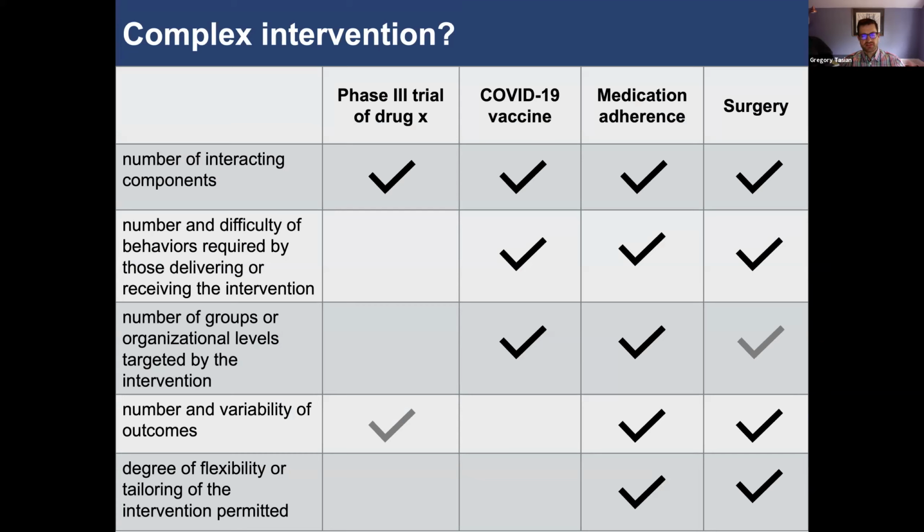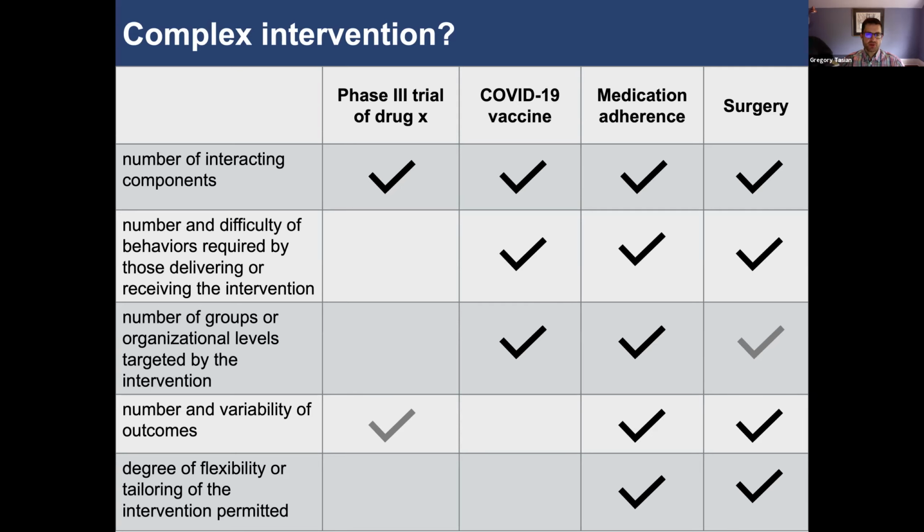Each of the 5 factors is listed on the left side of the screen, and a proposed checklist of each of the 5 factors is included on this slide. There's certainly discussion that can be had about the degree to which each of these components is relevant to these 4 different interventions. We can continue that discussion on Monday.